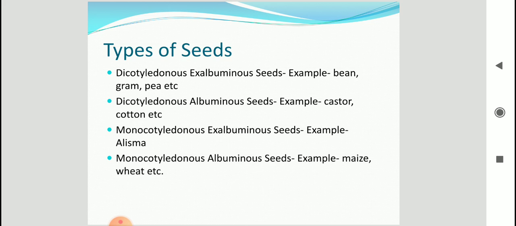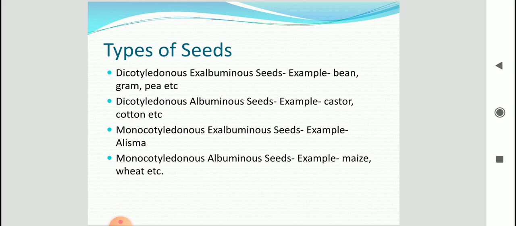So children, today what we covered, first thing is, what is a seed? It's a mature ovule. If we want to understand the detailed structure of a seed, then we should understand first that this unit of reproduction, this seed, can be divided into 3 parts.